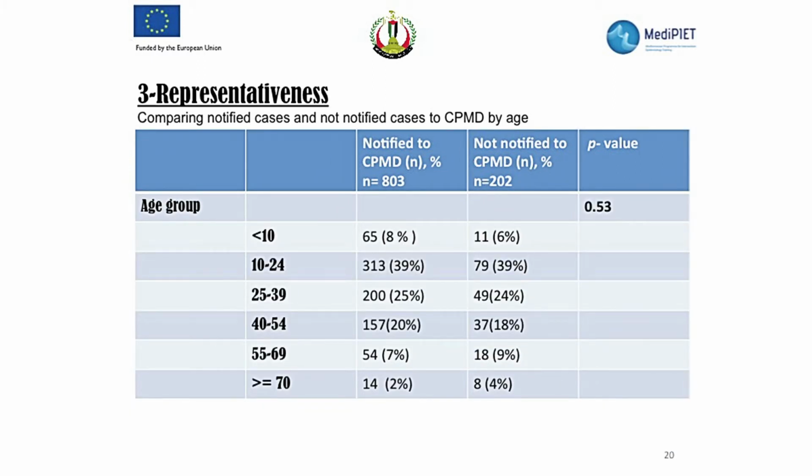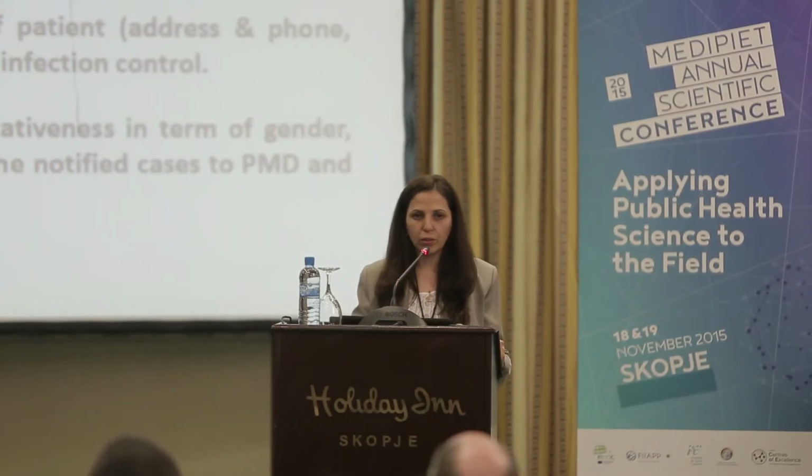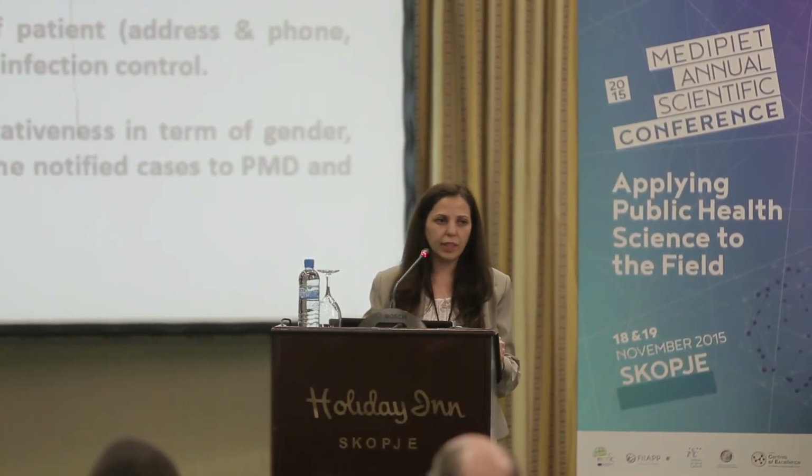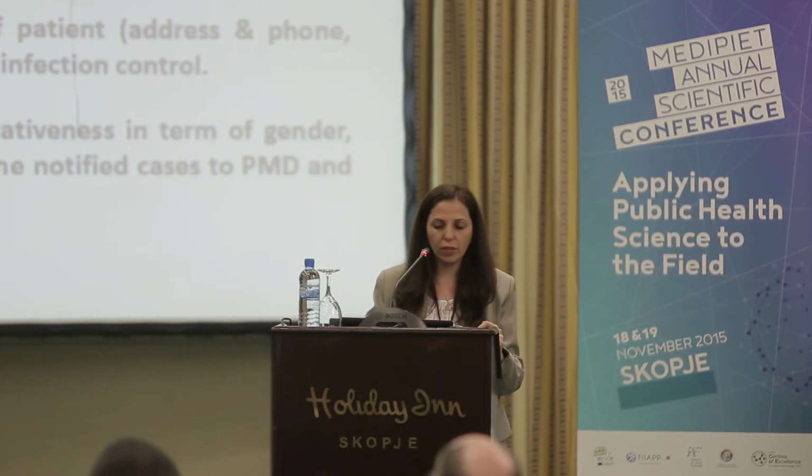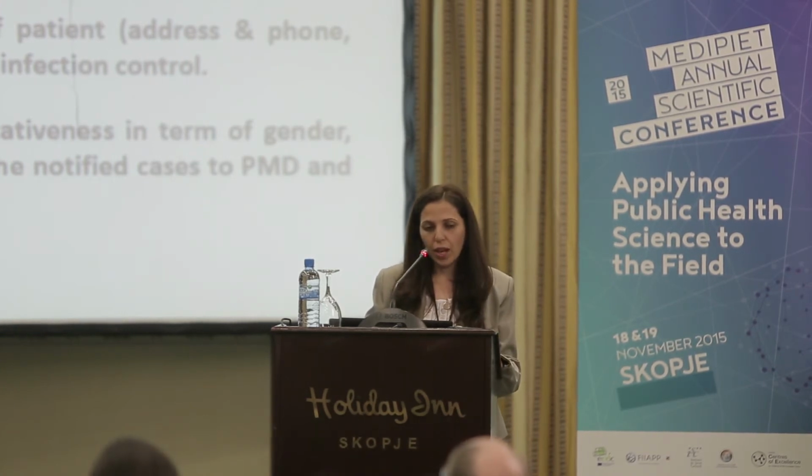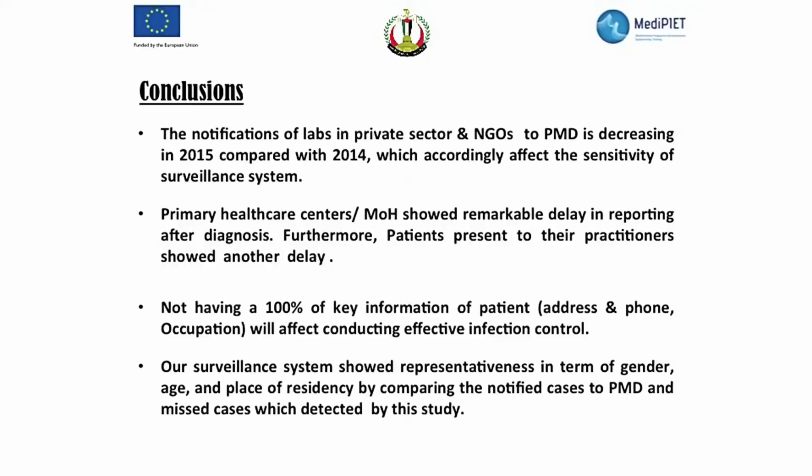Our conclusion: the notification by labs in the private sector and NGOs to the Central Preventive Medicine Department decreased in 2015, which affects the sensitivity of the surveillance system. Primary healthcare centers showed remarkable delay in reporting after diagnosis, and patients presenting to their practitioner showed another delay.